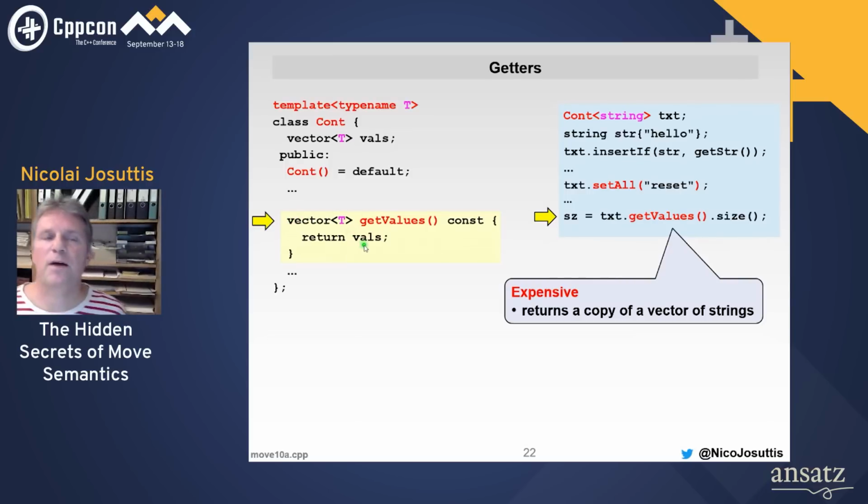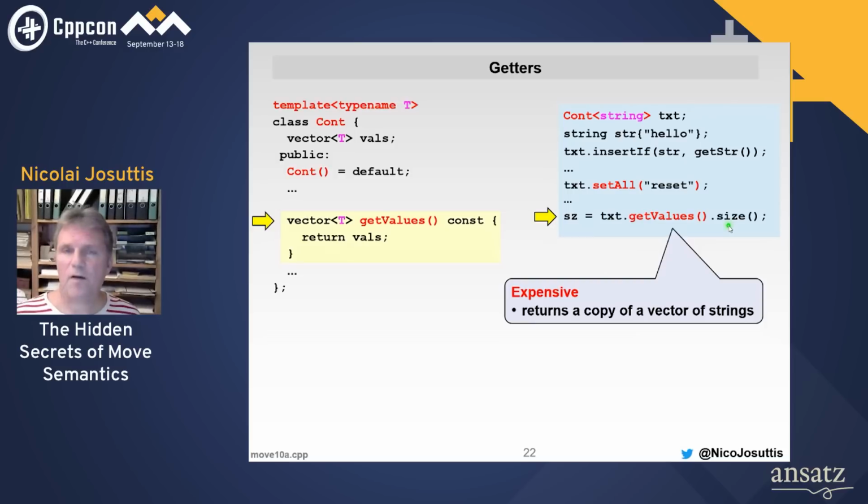But returning this by value means that we create a copy of the whole vector with all its elements. So if it's a vector of 1 million strings, 1 million strings will be copied, including memory allocation, and the vector also needs 1 memory allocation for its internal memory. That's very expensive just to get the size.